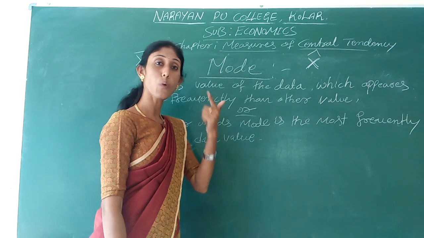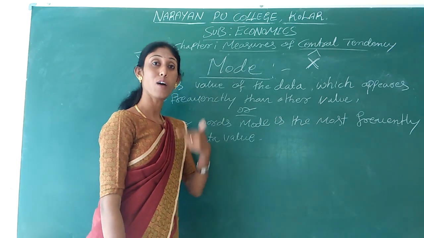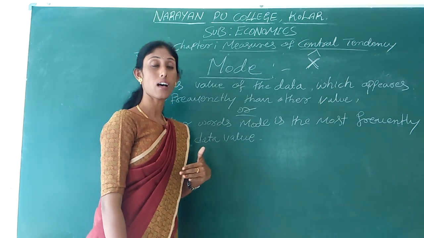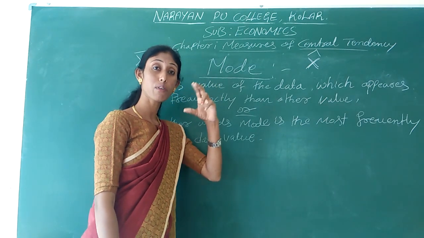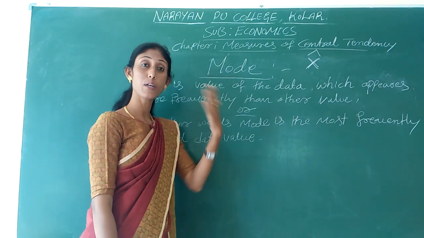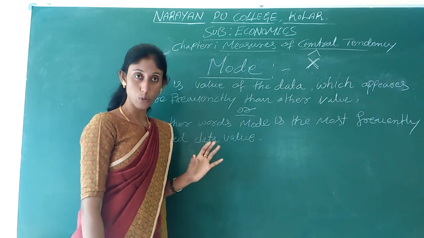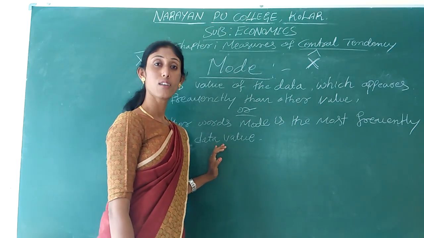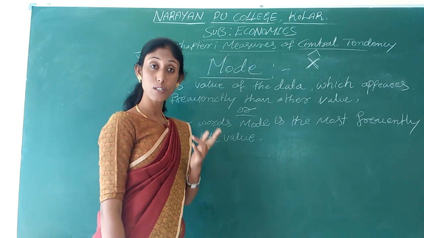Mode means the value which repeats again and again, or the value with the highest density compared to other values. Understood, right? Then we'll start the discussion of the calculation of mode when the data is in ungrouped form.